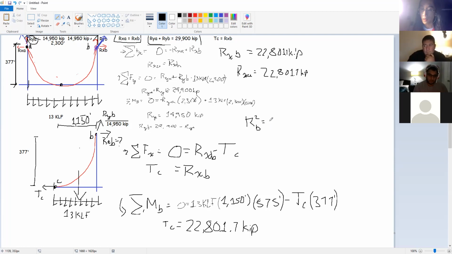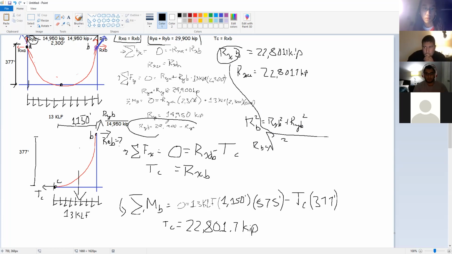It's just RB squared is equal to RXB squared plus RYB squared. Pythagorean theorem. RB is equal to this boy squared, and then RYB is this boy squared.